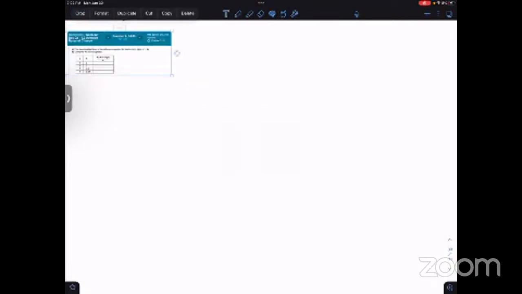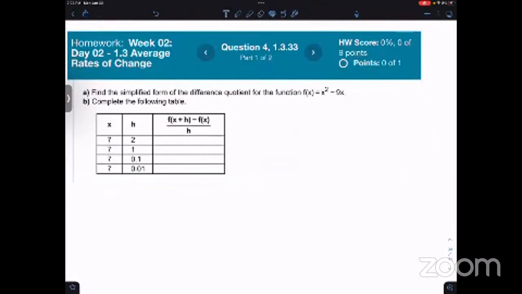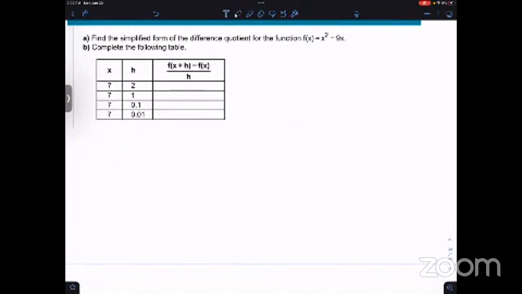All right. So we're starting with this f of x, and we're applying the difference quotient to this f of x. So let's do each part of the difference quotient. The first part is, let's go ahead and find f of x plus h.